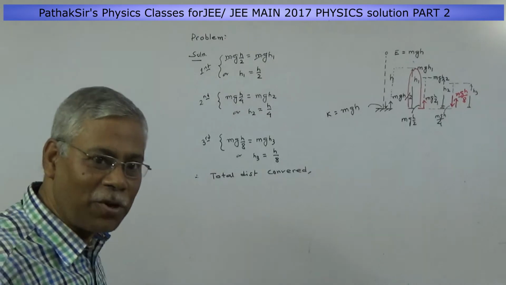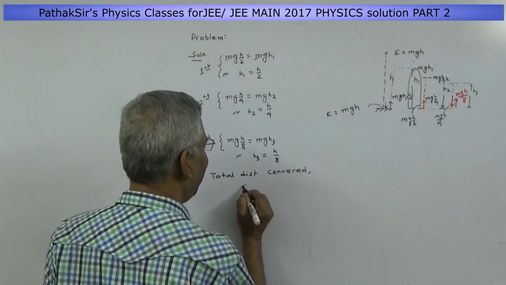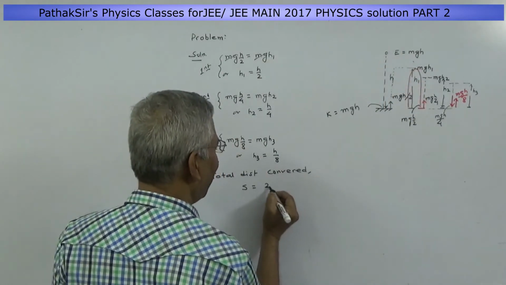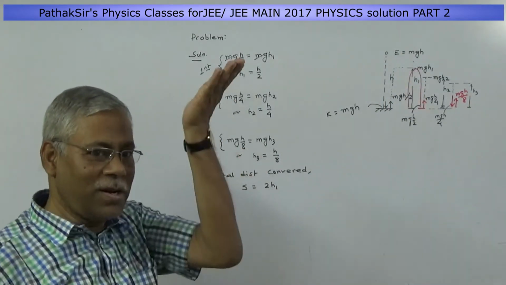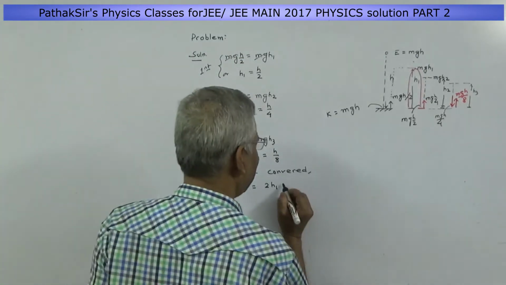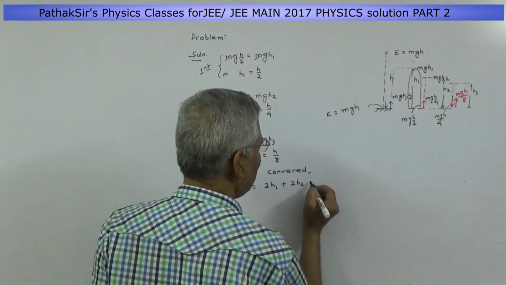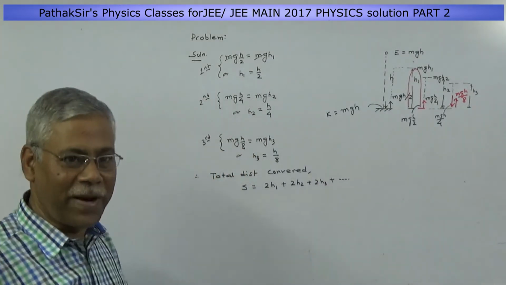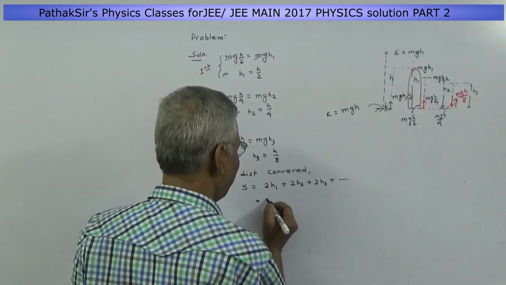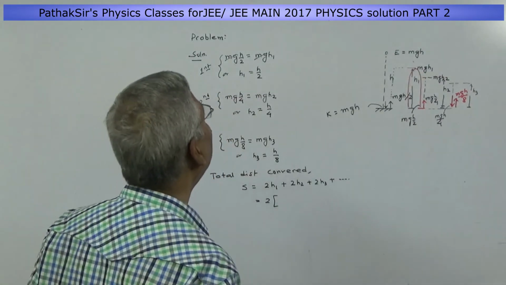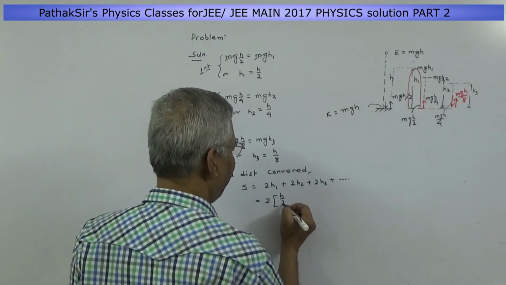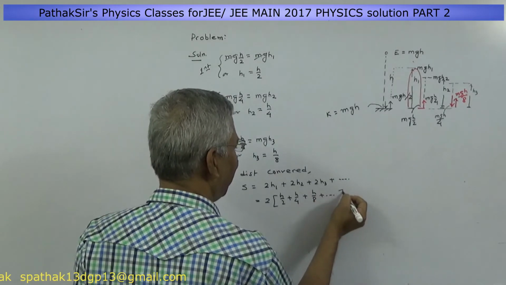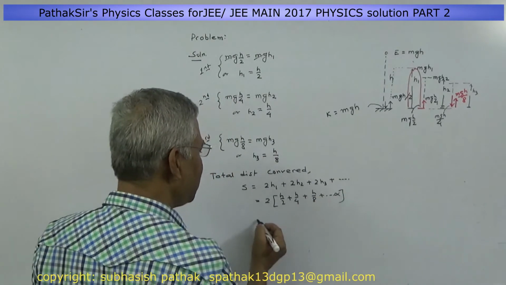Hence, there will be an infinite number of collisions. Total distance covered S equal to 2h1 plus 2h2 plus 2h3, and so on to infinite terms, equal to 2 into h by 2 plus h by 4 plus, to infinite terms.